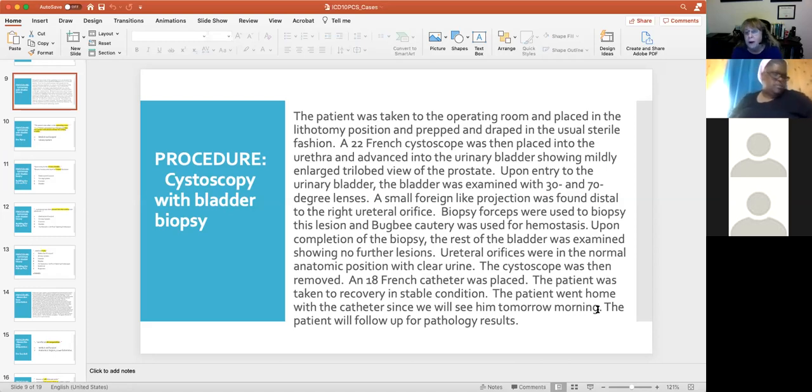Even though they cauterized it, I wouldn't want to take a chance with infection like that, especially in a male, because it's got to go a lot longer path. Yeah. Okay. But yes, that's exactly why I thought there was a mistake as we were reading that.